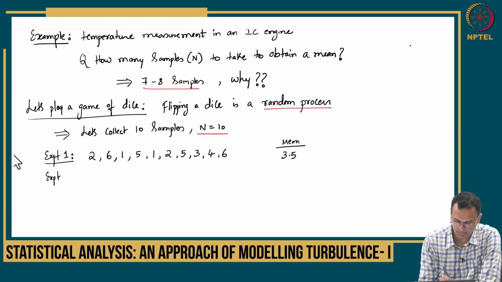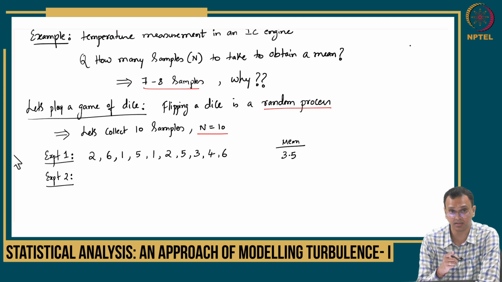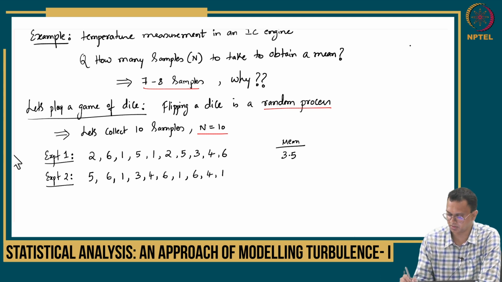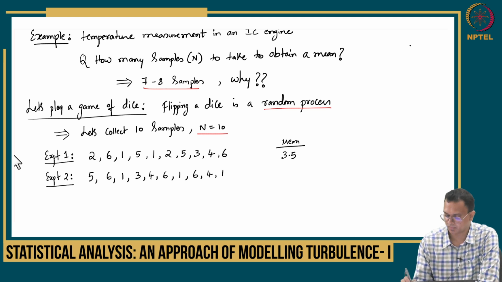Anybody else who has calculated it now? 3.7. I need the samples also. Okay. 5, 4, 6, 1, 6, 4, 1. And what is the mean? 3.7. Anybody else from this side?